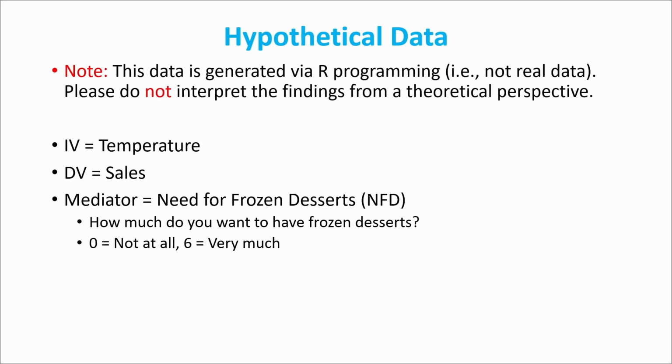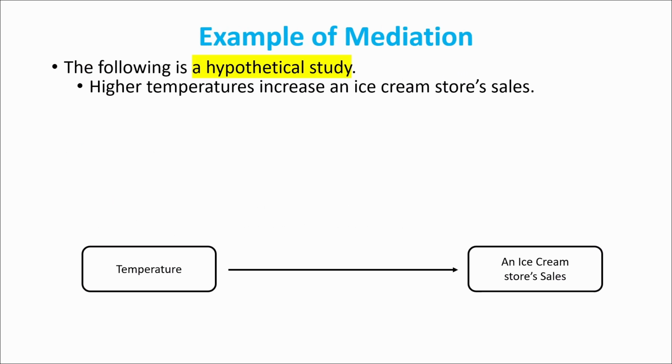So this is a hypothetical example and data. The IV is temperature, the DV is ice cream sales, and the mediator is need for frozen desserts. So this is a kind of funny example, but it gets the job done. We can use it to explain the mediation analysis. So here's the model. First, that is the X and Y, temperature and ice cream store sales.